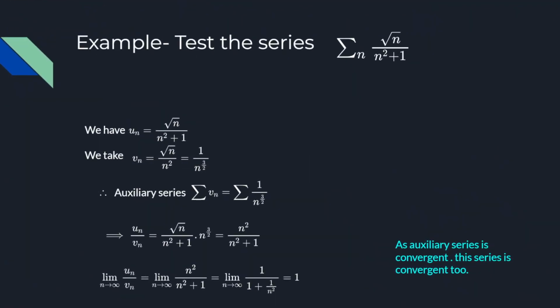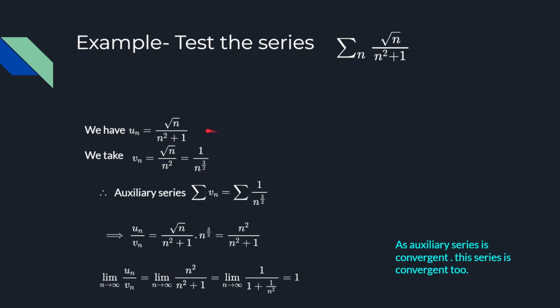Example: test the series sum of root n over n square plus 1. Now we have this series given, root n by n square plus 1. Take another series vn equal to root n by n square, which can be written as 1 by n to the power 3 by 2.